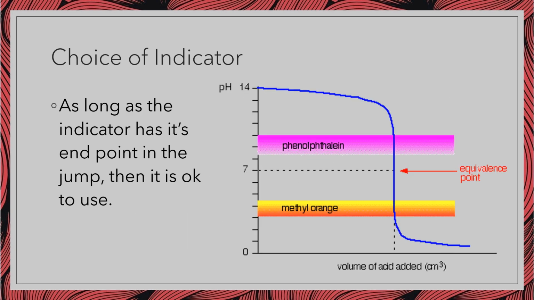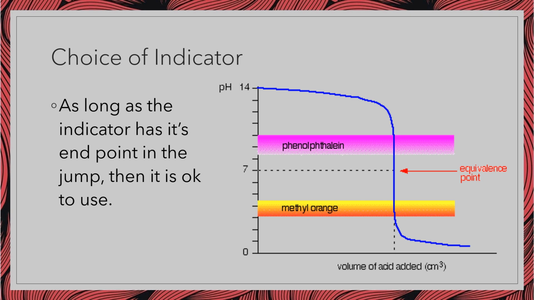As long as the indicator has its endpoint in the jump, then it's okay to use. Even though the endpoint might not be at the equivalence point, the difference could be so minor in volume as to not really affect it.